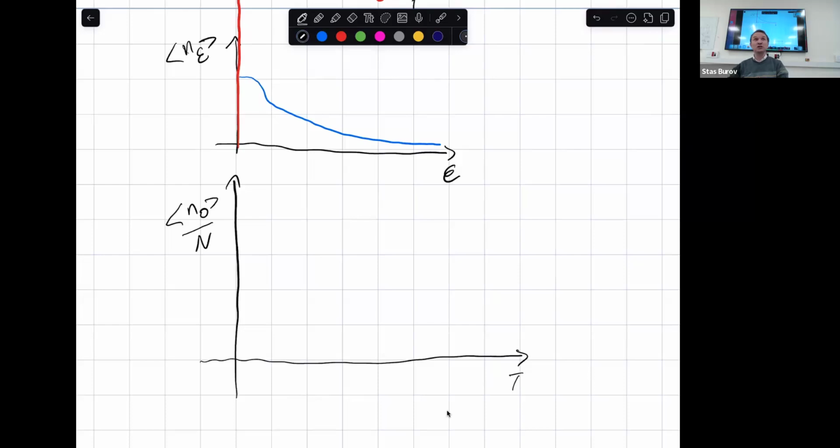What happens to this quantity? I know that when the temperature goes to 0, this guy has to be 1. That I know.